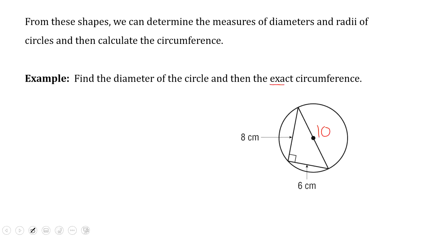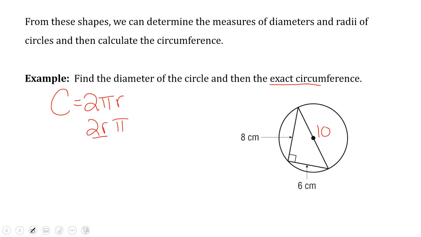They want the exact circumference of my circle. So we remember that circumference equals 2 pi r. If I rewrite this, it equals 2 times r times pi. So when I look at that, I remember 2 times the radius is just the diameter. A radius is half the diameter.